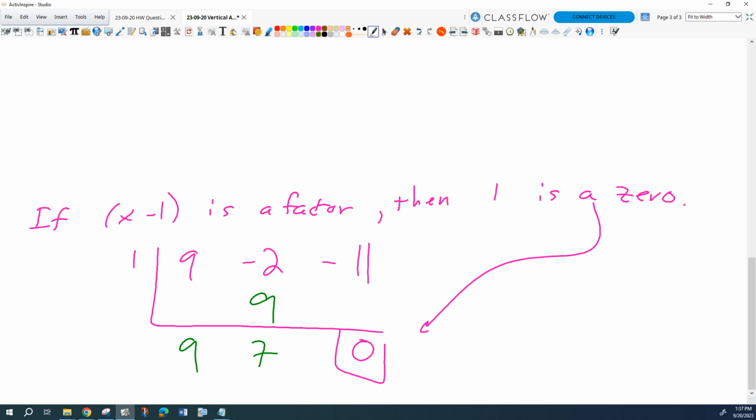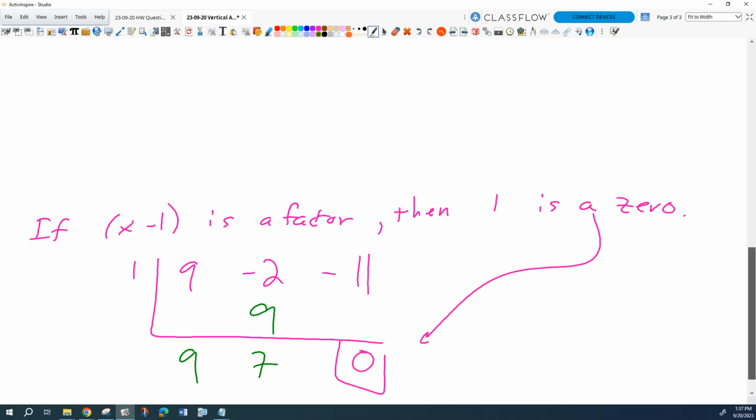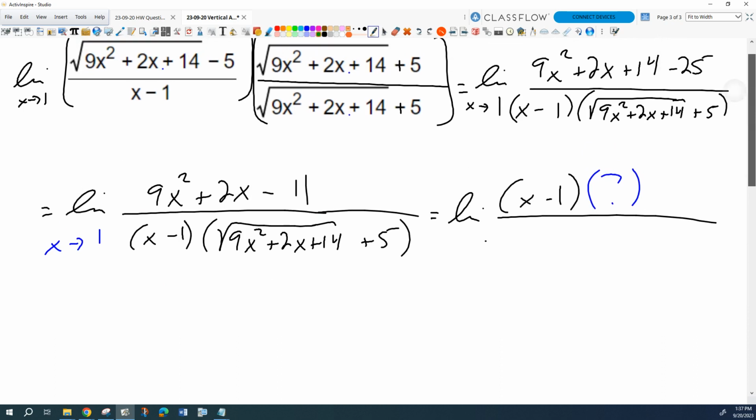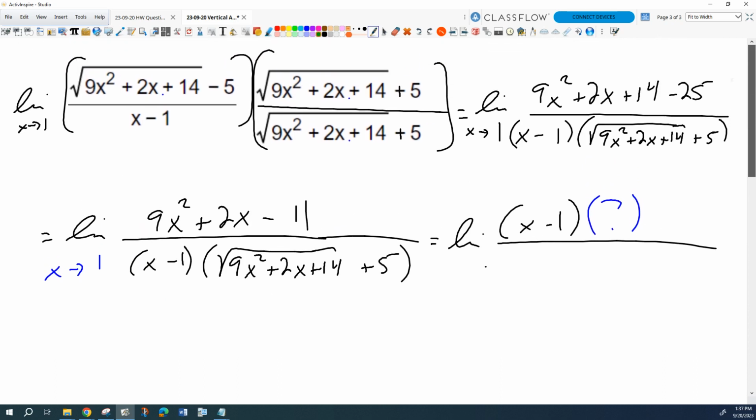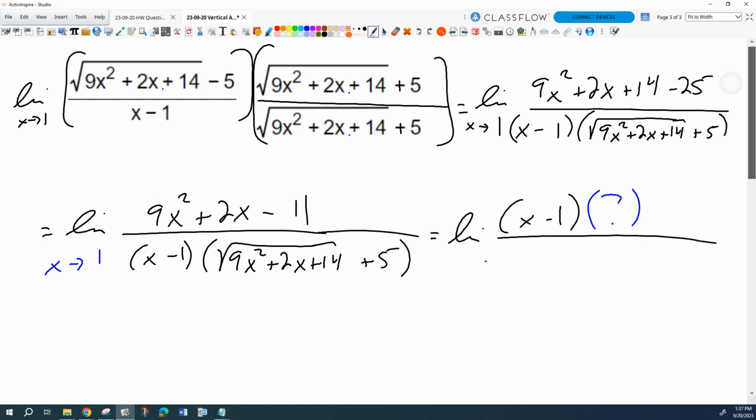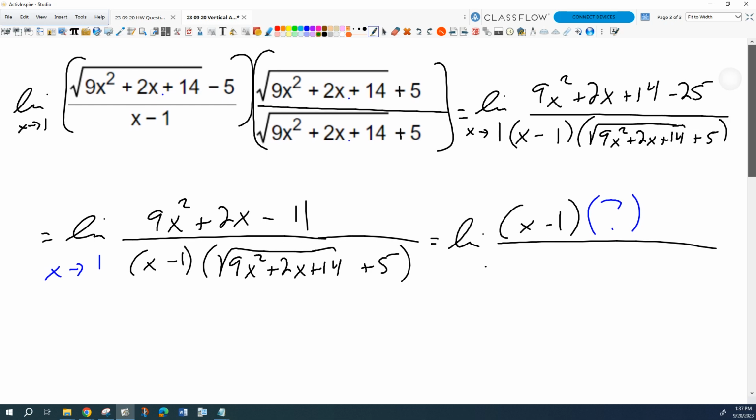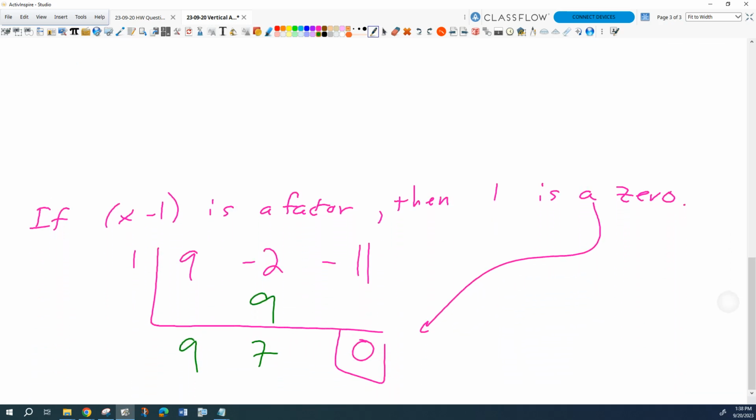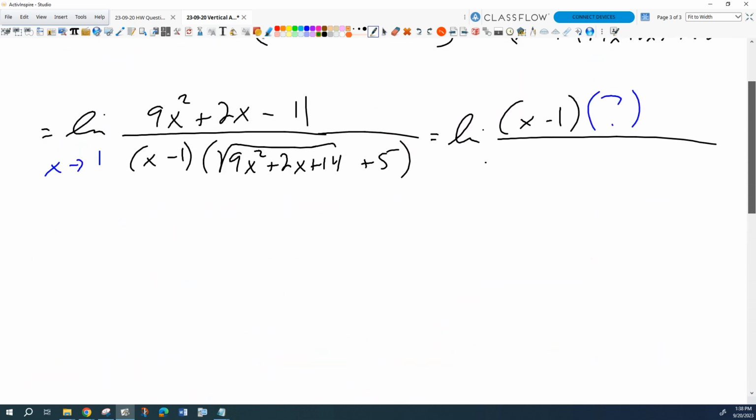Oh, what happened? What happened here? Oh, it's a plus 2x.